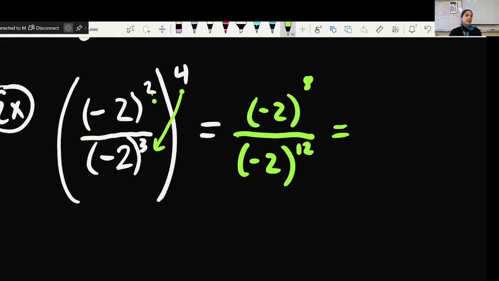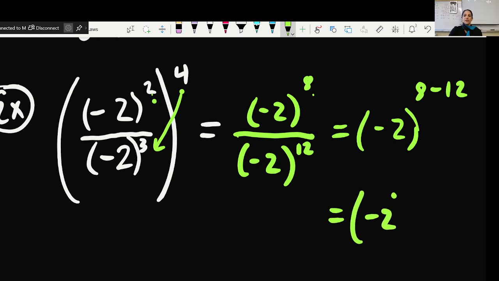So either one is acceptable. Good? What do we do in this step if this is how we've chosen to go about it? What do I do with the 8 and the 12? Just like yesterday, we would do 8 minus 12. So we would get -2 to the power of, what's 8 minus 12?